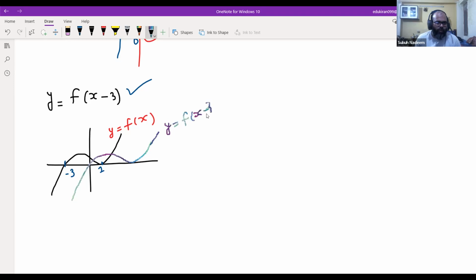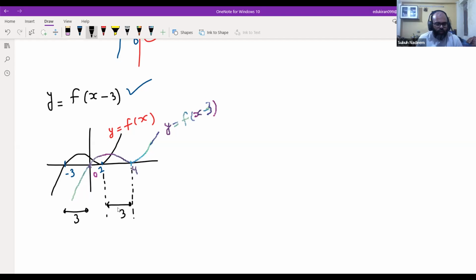This will be the graph y is equal to f of x minus 3. And now the points where it is intersecting or touching are 0 and 4. So it is not difficult, but it will take slight time. This first example tells you that it has shifted by 3 units.